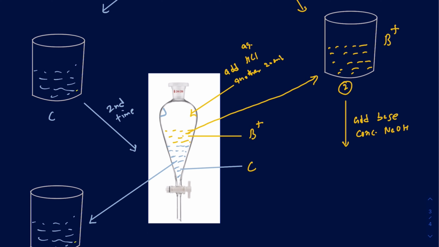Once you start adding the NaOH, the pH is going to start increasing and eventually it becomes basic. And once it turns basic, your toluene would not be protonated anymore. So I'm going to change this color to green because by the time it's turned basic, you should have your toluene precipitated here.